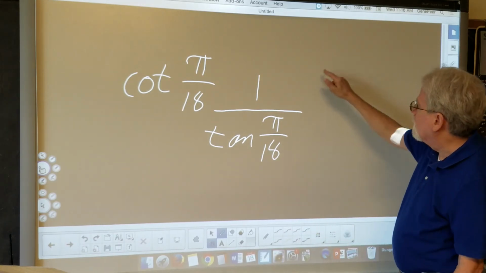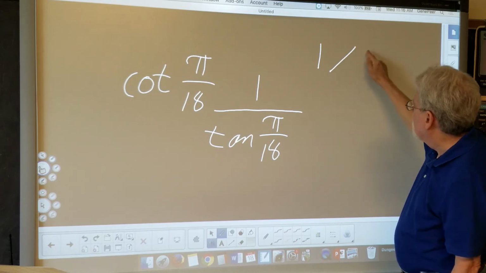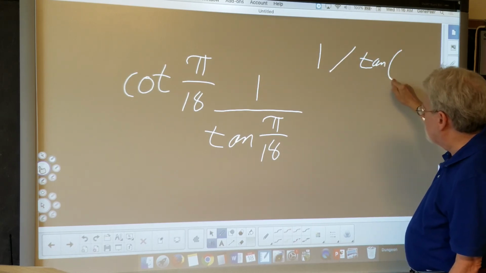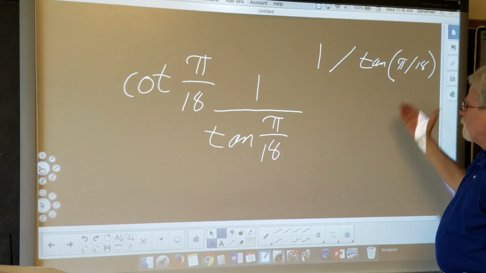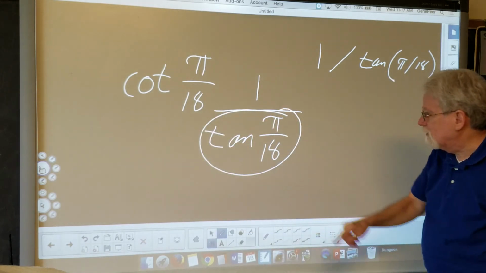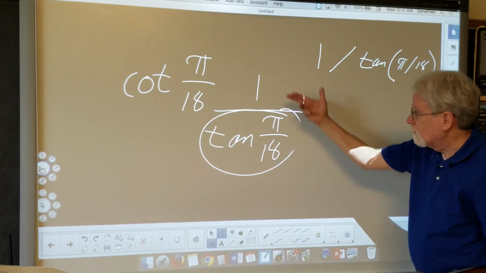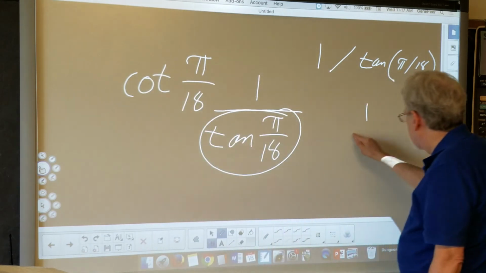Easiest way on the calculator, put in a 1, then divide by, and then tangent of pi over 18. That will do it. Or you could just find tangent of pi over 18 and then form the reciprocal of that. You do have a reciprocal key on your calculator. It looks like this.